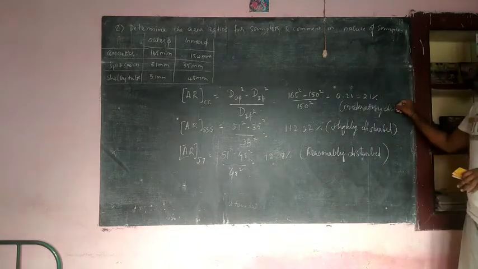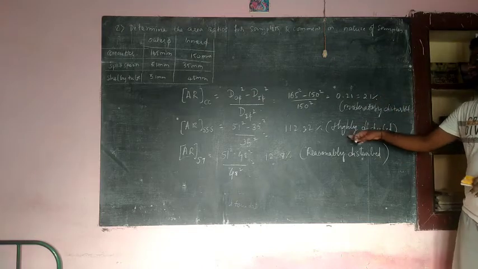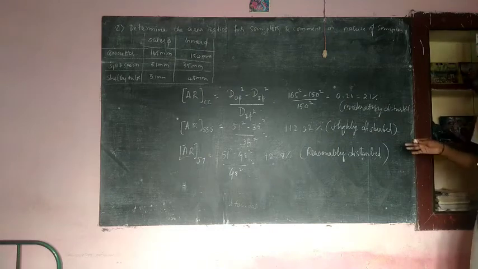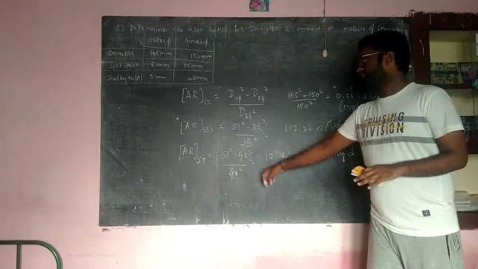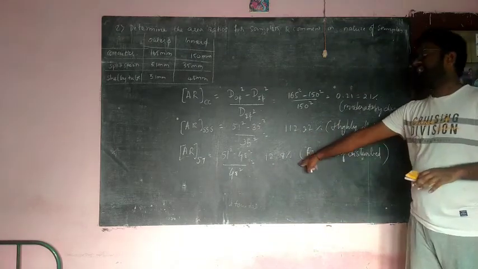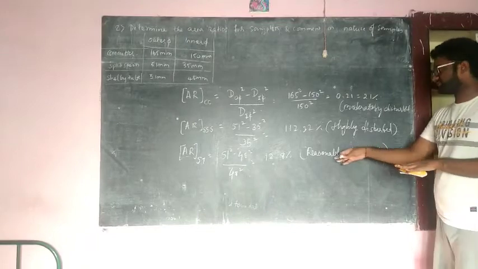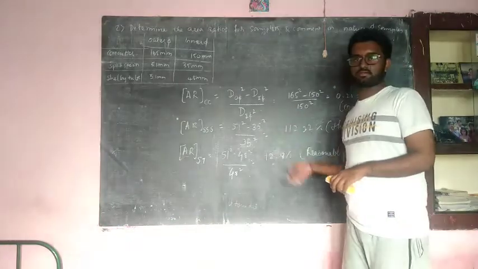The core cutter is moderately disturbed because it is somewhat nearer to 50%. The split spoon is highly disturbed because it is 112.32, which is more than 100%. That is why it is highly disturbed. And for the Shelby tube, it is 12.8%, which is somewhere nearer to 0, but it has some disturbance. So that is why it is reasonably disturbed. So this is how you have to calculate the area ratio and give the conclusions.